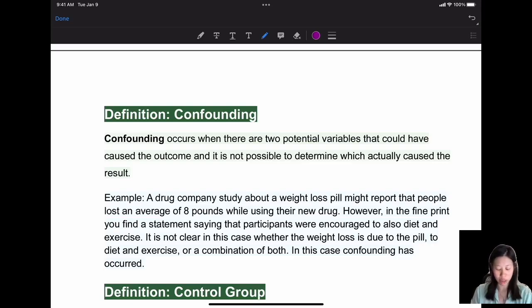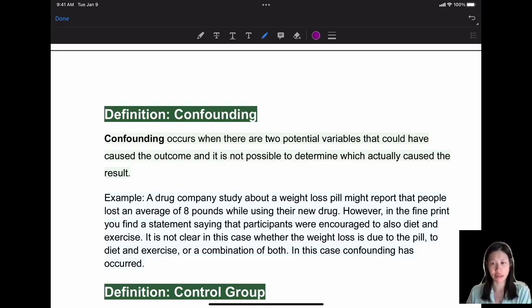So for example, a drug company study about a weight loss pill might report that people lost an average of 8 pounds while using the new drug. However, in the fine print, you find a statement saying that participants were also encouraged to diet and exercise. So in this case, it is not clear whether the weight loss is due to the pill, to the diet and exercise, or to the combination of both.